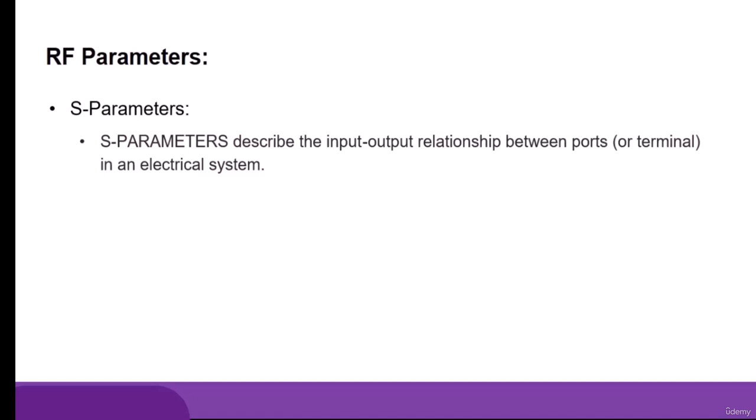Thus, the S parameter uses power waves. In RF design, we cannot use other parameters for analysis such as Z, Y, H, C, etc., as we cannot perform short circuit and open circuit analysis, as it is not feasible here.